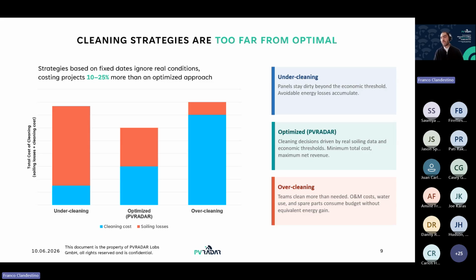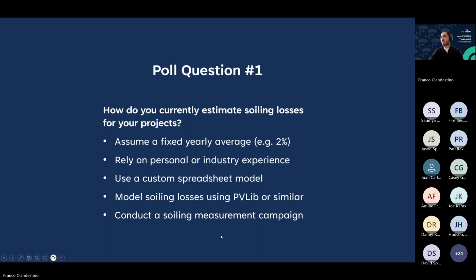So you should really check case by case how the soiling losses balance with the costs of cleaning to understand what is the optimal cleaning strategy that you should be performing. Because sometimes you have under cleaning, you clean less than what you should be cleaning, and you still have a lot of energy being lost through soiling. And in some other cases, we have seen power plants that are over cleaned, so they are spending more than they should in cleaning costs. And we'll be talking about that also during the demo.